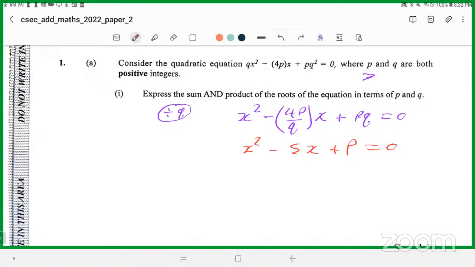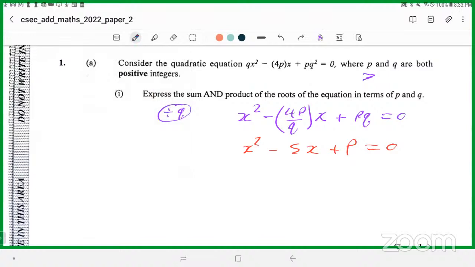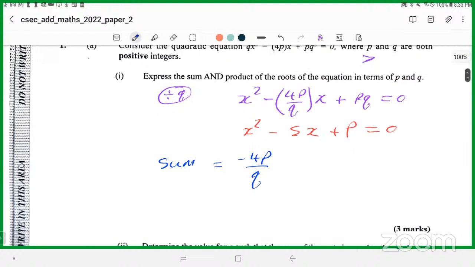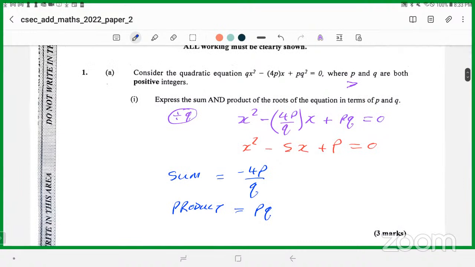All right, so I'm going to just write that. I'm going to write that my sum is equal to minus 4p over q, and that my product is equal to pq. Let's check and make sure that is correct. So I divided 2 by the q.